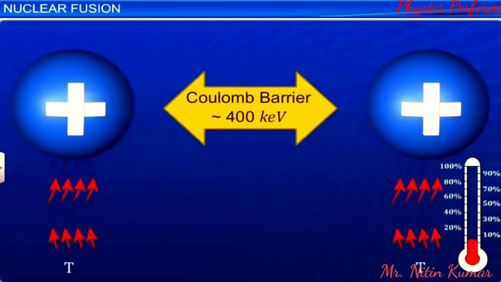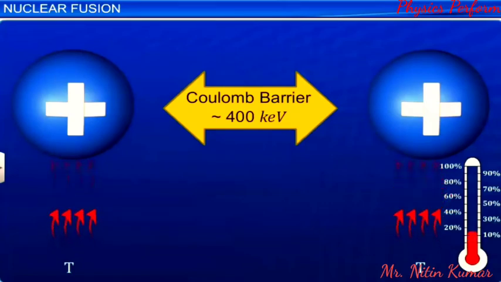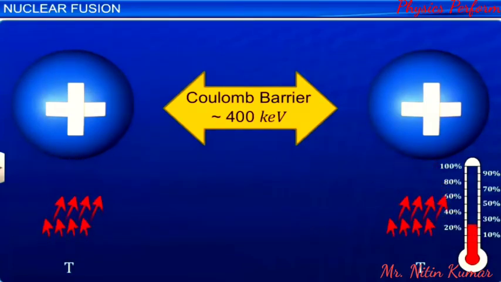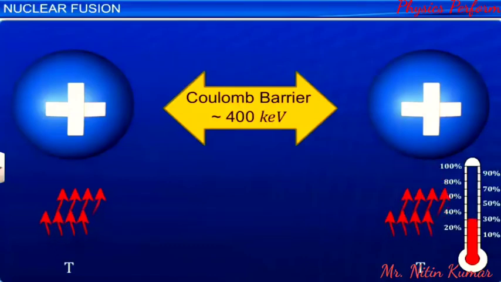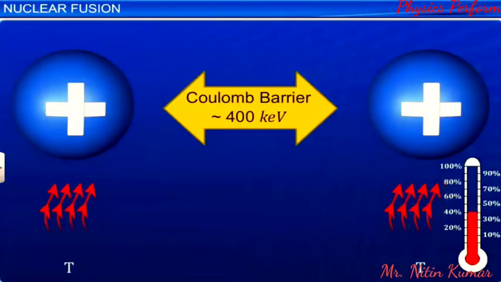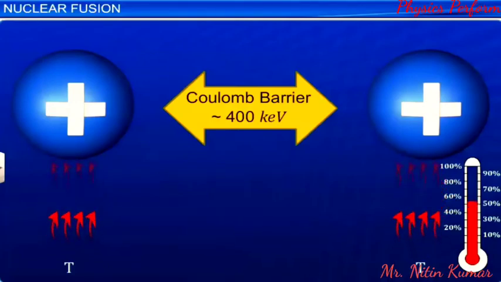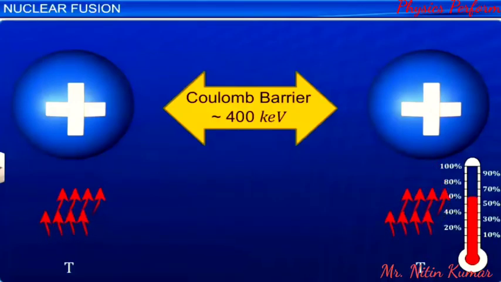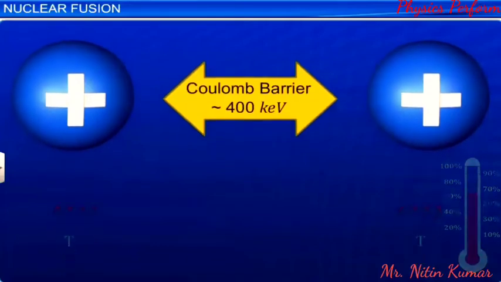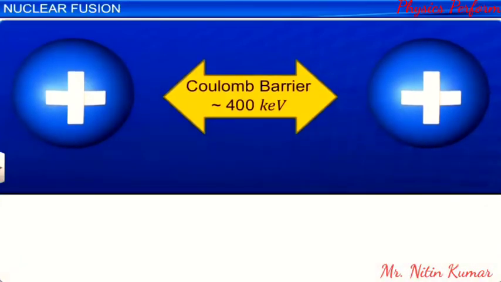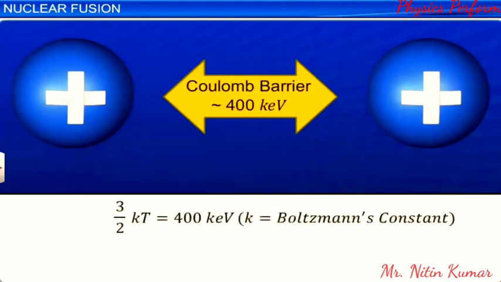Let the temperature of the protons be raised to T to obtain energy of 400 kilo-electron-volt. We know that the energy gained must be equal to 3/2 kT, where k is the Boltzmann constant. Substituting the value of the Boltzmann constant and simplifying, we get temperature T equal to 3 × 10^9 Kelvin.